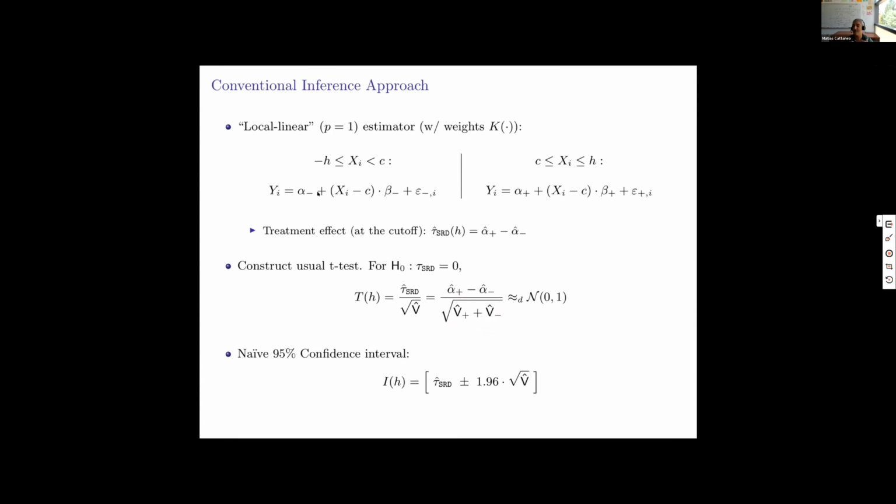You plug them in and you get yourself a great t-test statistic. And then comes the hope. The hope is that whenever you do that, that t-test statistic behaves like we know traditional least squares problems behave. That is, the t-test enjoys a distributional approximation which is a normal 0-1. And if we get that, we are in business, right?